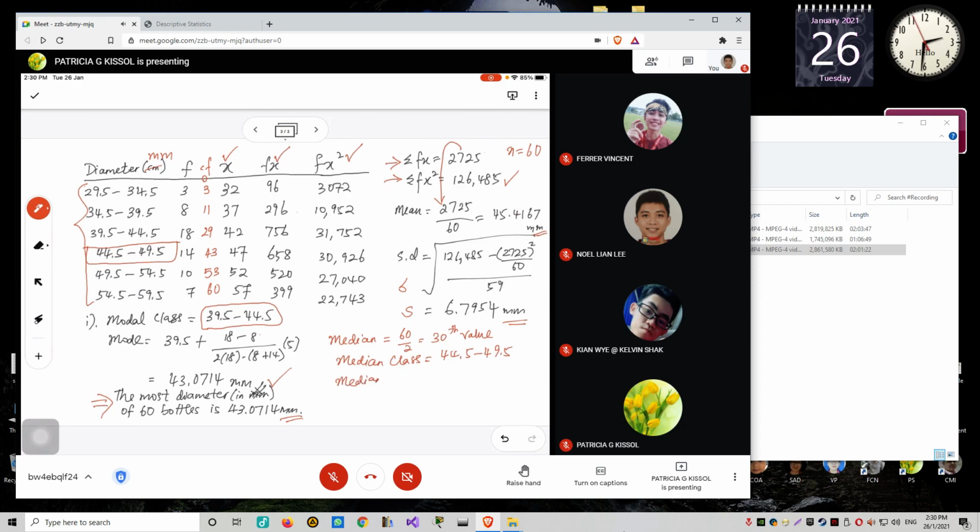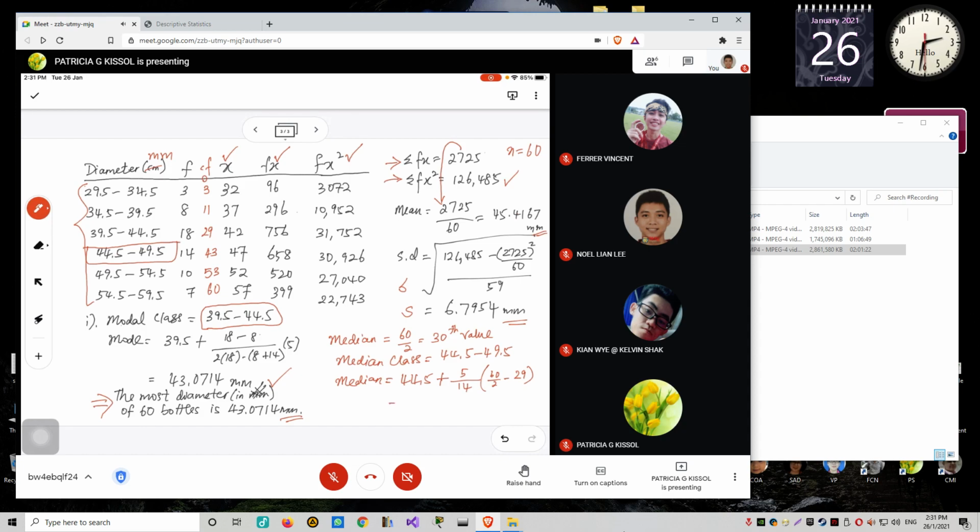It's actually called an estimated median. So we have the lower class boundary plus the class size, which is 5, divided by, this is 60 divided by 2, minus 29 here. And the frequency is 14, isn't it?